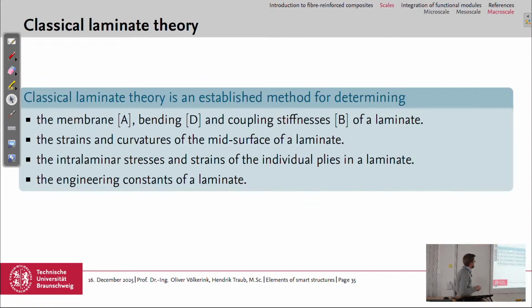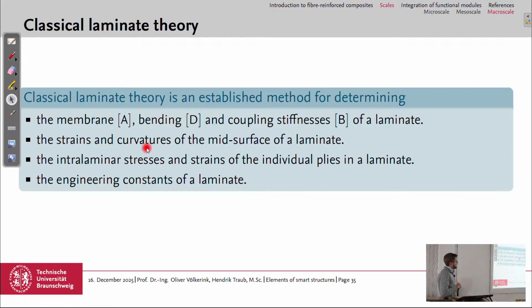In the classic laminate theory, we determine 3 different stiffness matrices: the membrane, the bending, and the coupling stiffnesses of a laminate. So we get the so-called ABD matrix.